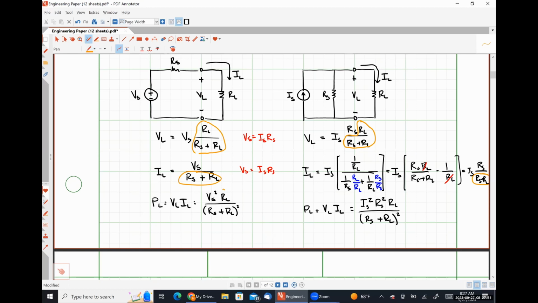We have a common factor of RL over RS plus RL squared. So once again, our power will be equivalent on both sides if VS is equal to IS times RS. So this is how we convert between a practical voltage source and a practical current source.